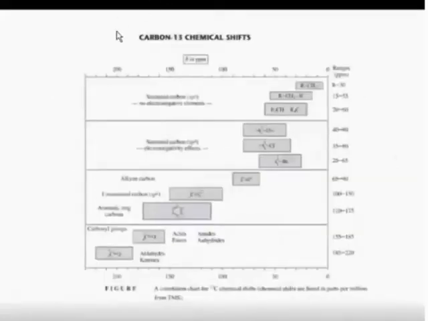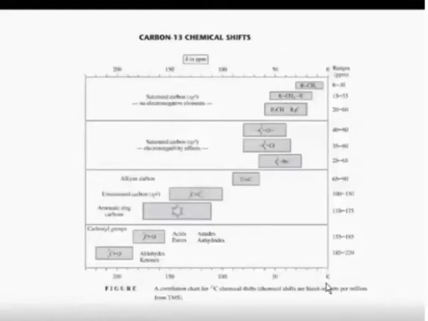In this slide, we show a chart of carbon-13 chemical shifts. And if you compare and contrast with other charts that we've shown for the proton chemical shifts, you notice here that one obvious difference is the range of delta values for C13. The range for C13 is much broader than for proton.